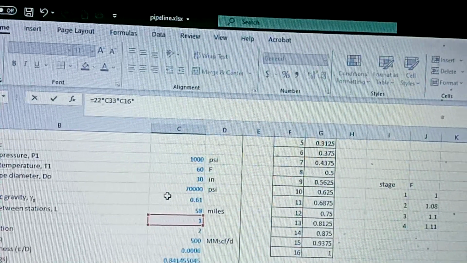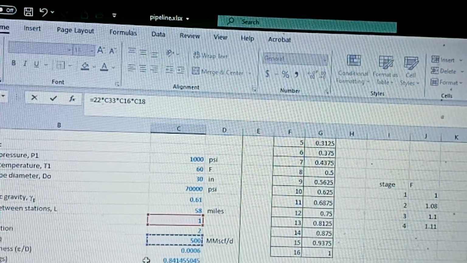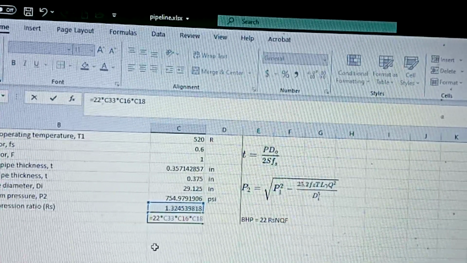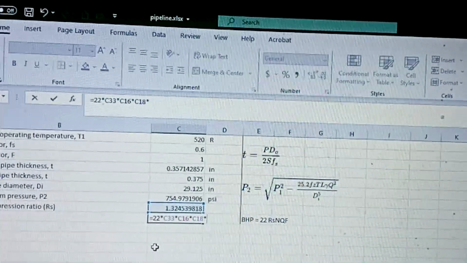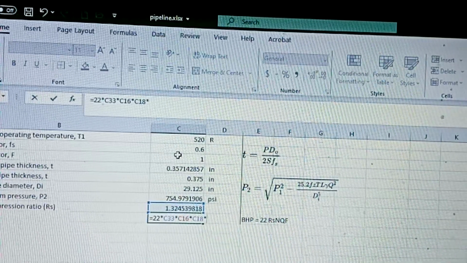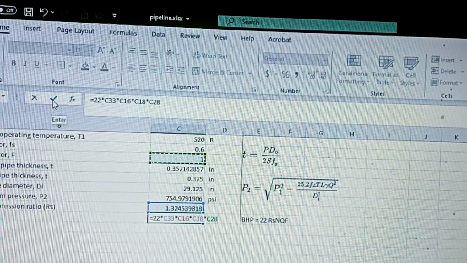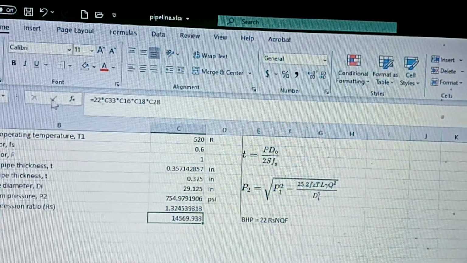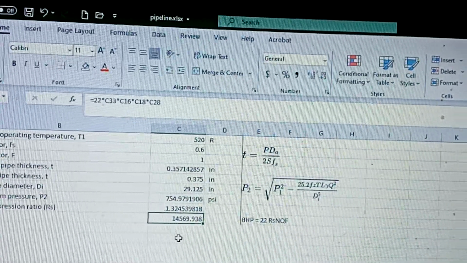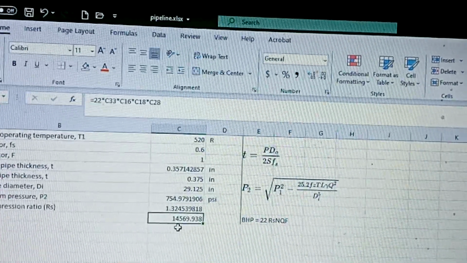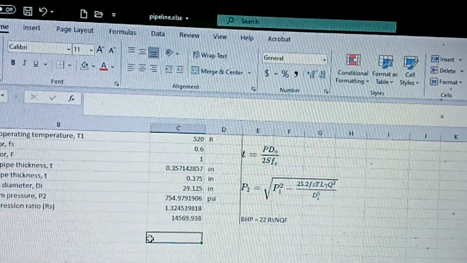I'm going to click on that. Then multiply by the last thing, the factor, which is going to be 1, which is F here. So that's my horsepower there, 14,570. Okay.